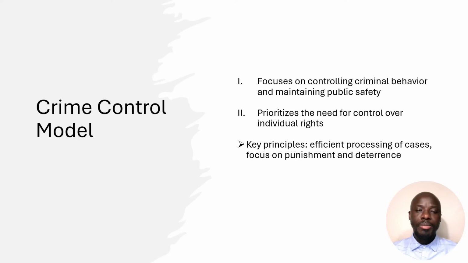The crime control model focuses on controlling criminal behavior and maintaining public safety. It also prioritizes the need for control over individual rights. The key principles are efficient processing of cases and a focus on punishment and deterrence.